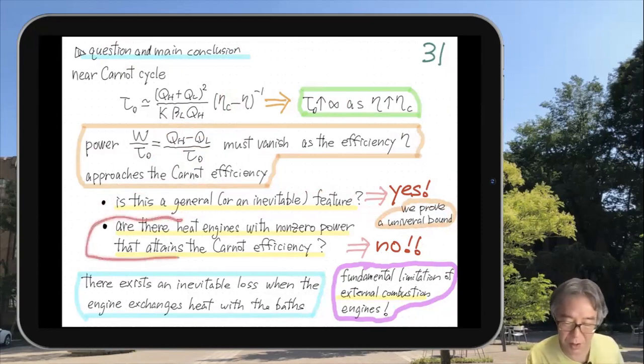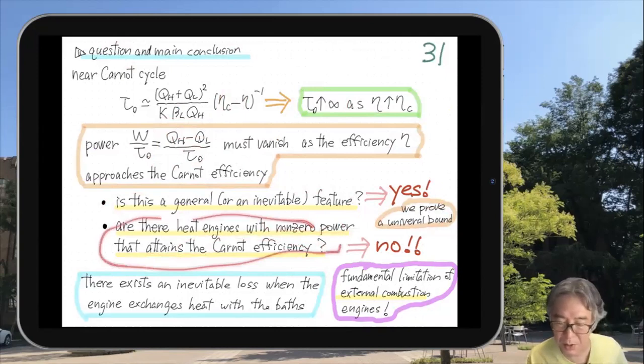A very related question is, are there heat engines with non-zero power that attain the Carnot efficiency? We know that the Carnot cycle attains the Carnot efficiency, but it has zero power. So the question is, is there a dream machine which has non-zero power and also attains the Carnot efficiency?